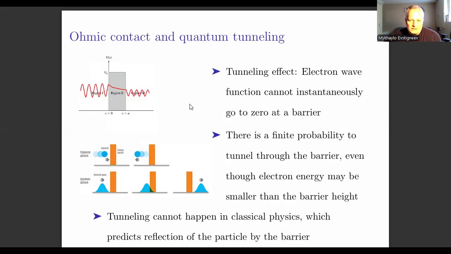Okay, so the second possible way to produce an ohmic contact between a metal and the semiconductor is based on the quantum tunneling effect. Quantum tunneling is a real effect. So it does happen, and it also happens in everyday life.